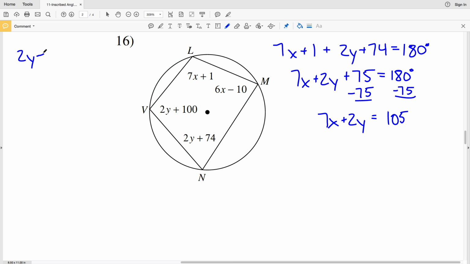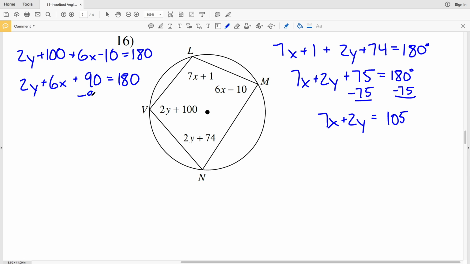So 2y plus 100 plus 6x minus 10 equals 180 degrees. Combining my like terms, I'll have 2y plus 6x plus 100 minus 10, which is 90, equal to 180. So subtracting 90 from both sides, I'll get 2y plus 6x equal to 180 minus 90, which is 90.